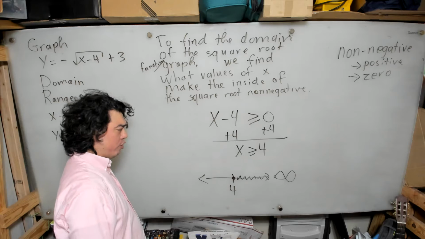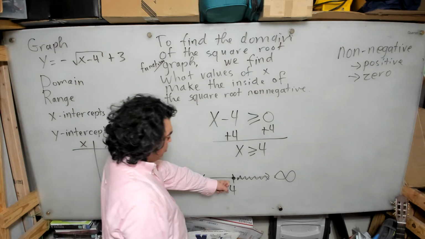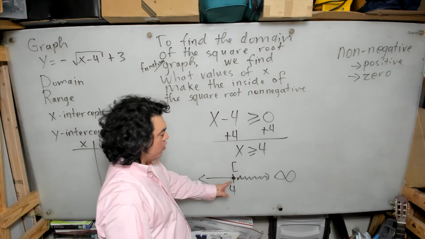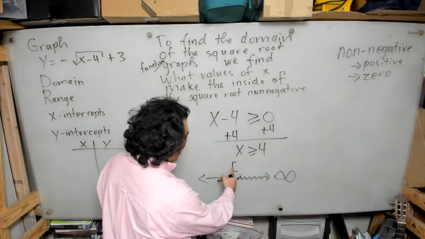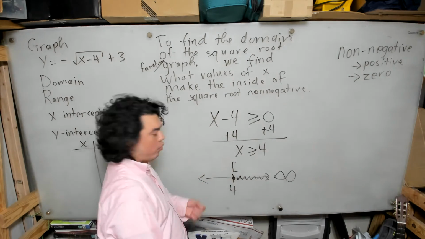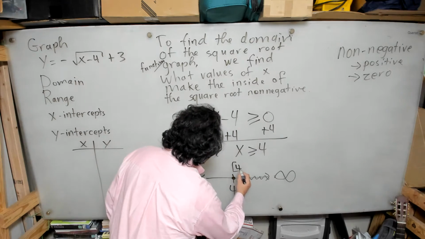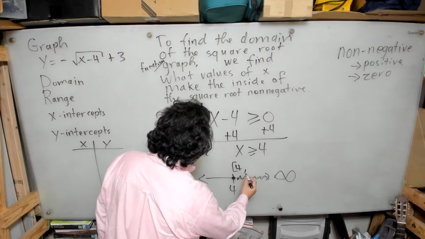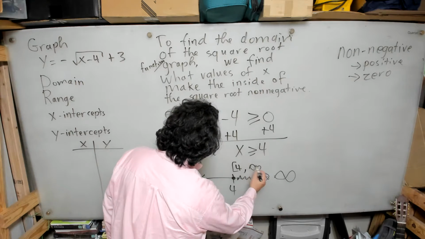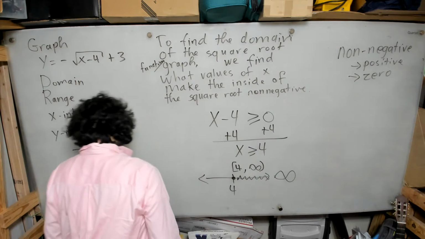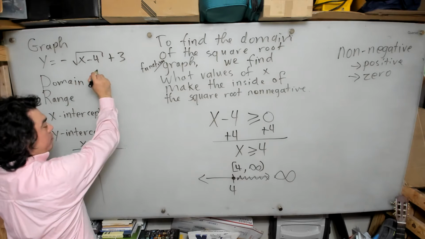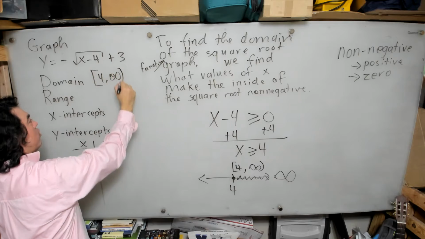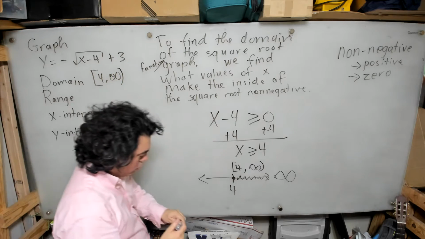Now I'm prepared to do my interval notation. I put a bracket because I'm filled in, since this is equal, to include the endpoint, which is 4. Then I go to positive infinity and put a parenthesis. So that is how I got my domain: 4, comma, infinity, close parenthesis.